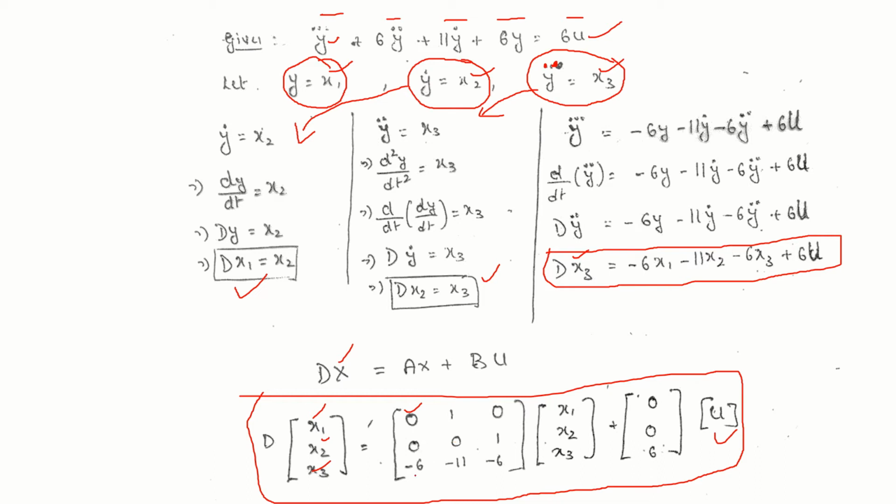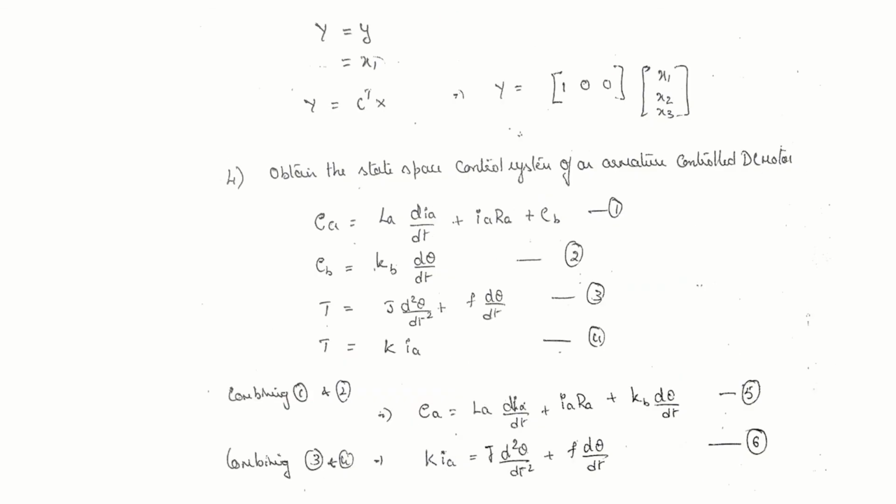Third equation, x1 is minus 6, minus 11, minus 6. No u in the first equation, no u in the second equation, third equation 6. That's how you get this. And y is equal to small y, that is x1, so y equals C transpose x, I should write. X is x1, x2, x3, so 1, 0, 0. So we'll get the output equation. Good.